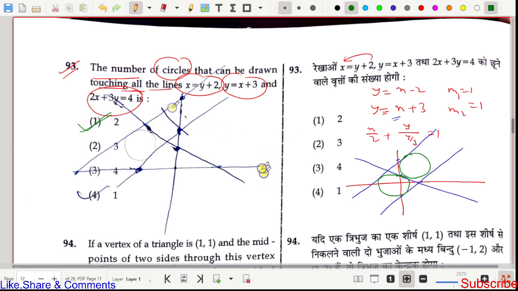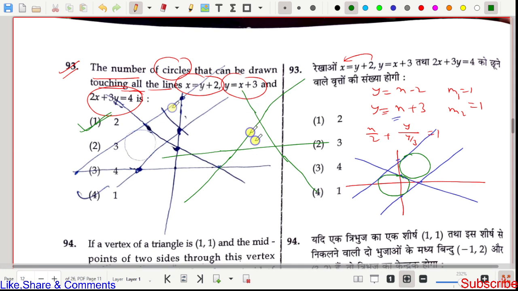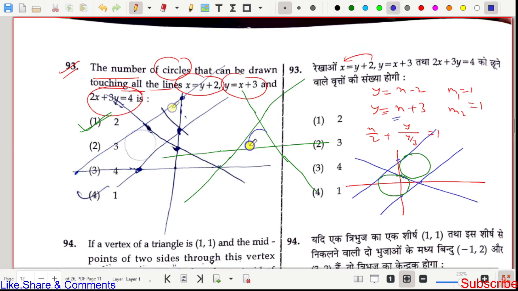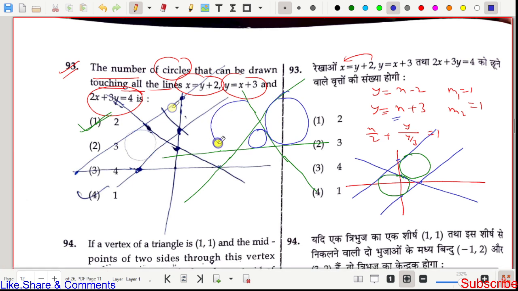I'm giving further information. If 3 straight lines, suppose like this, are forming a triangle, we can draw a maximum of 4 circles which touch all these 3 lines. How? One will be inside the triangle, another outside this side, similarly another on this, another on this.